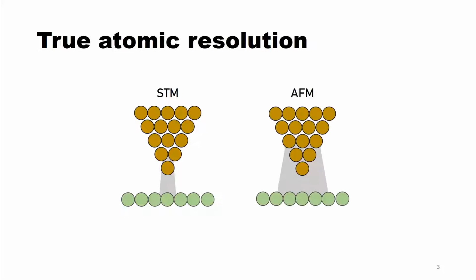For AFM, that is a linear dependency, which is why several atoms in the tip interact with the sample simultaneously. You do not get true atomic resolution because you always have interactions with multiple atoms from your sample.